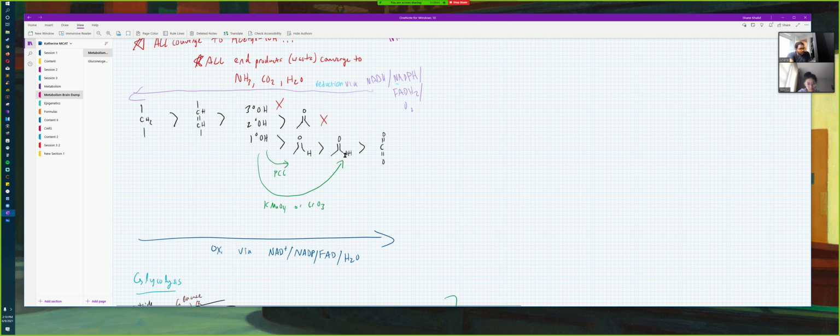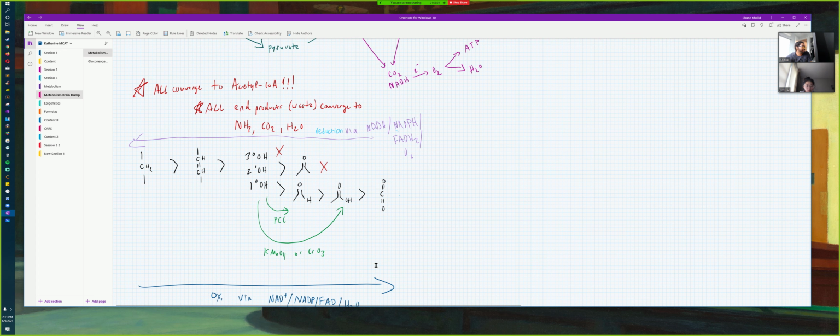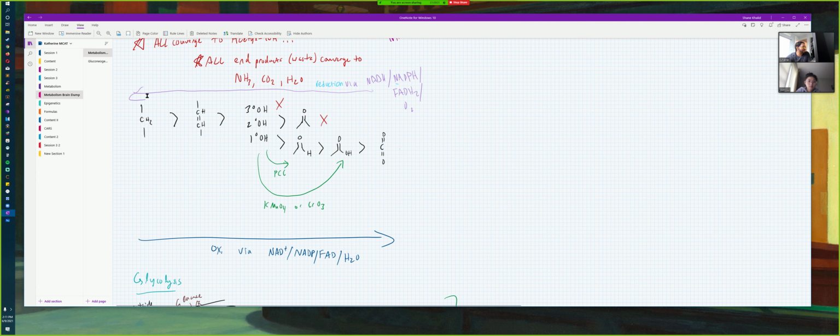And if you oxidize it one last time, it'll turn into just CO2. That can be done via these things. Now the opposite direction is reduction, and that's done via this stuff.